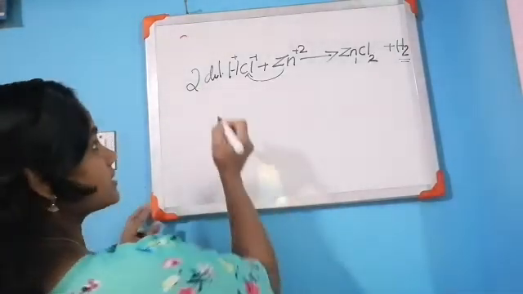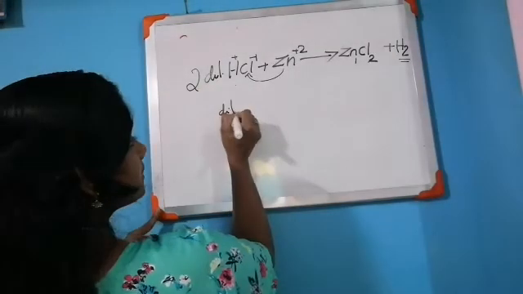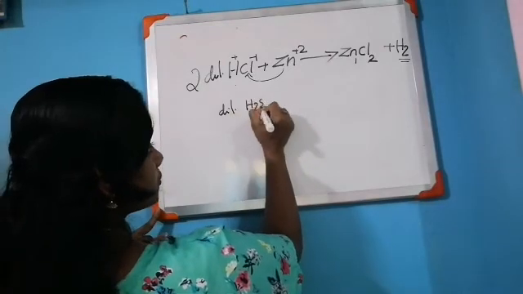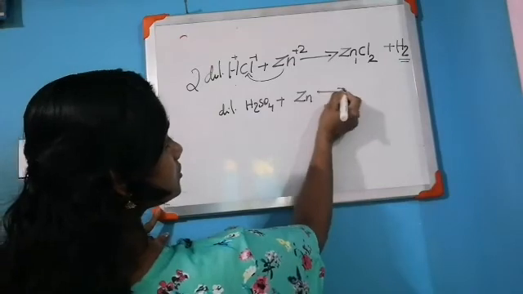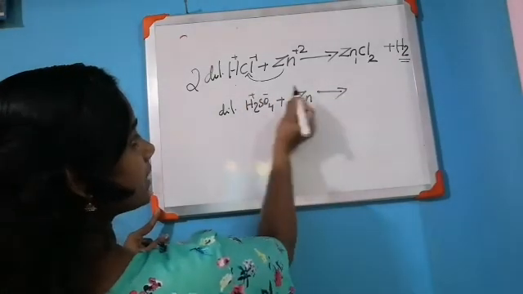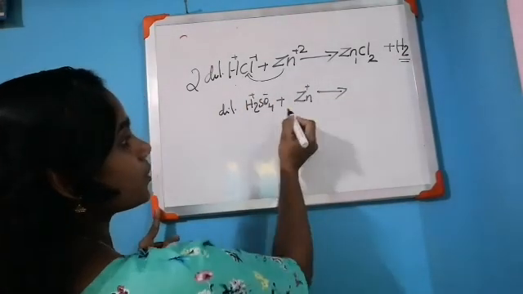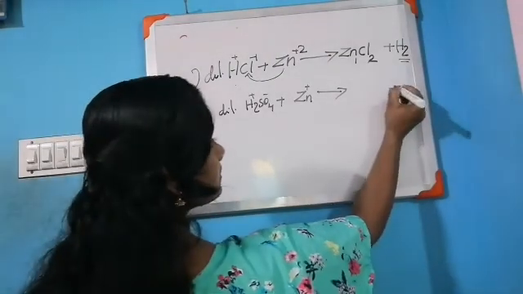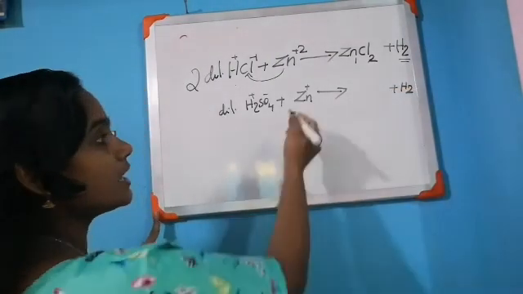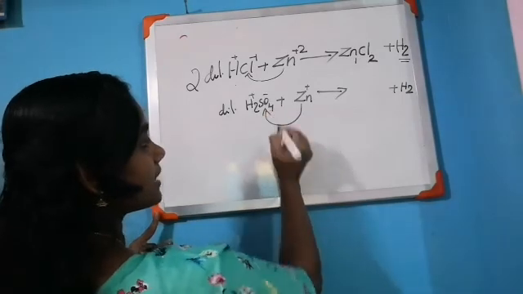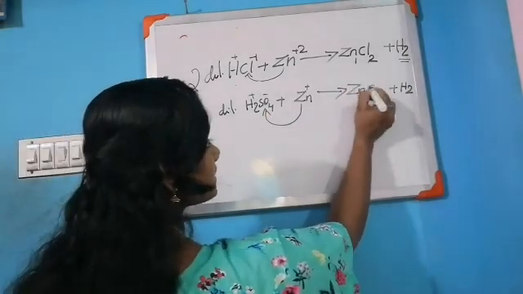Similarly, dilute sulfuric acid, H2SO4, reacts with granulated zinc to produce hydrogen gas. Hydrogen is a diatomic molecule. Then zinc joins with sulfate to form zinc sulfate.